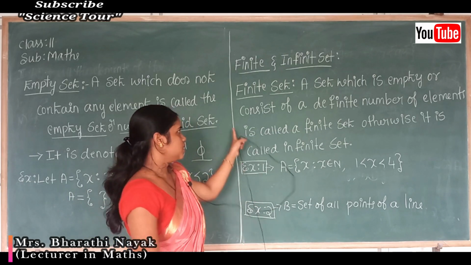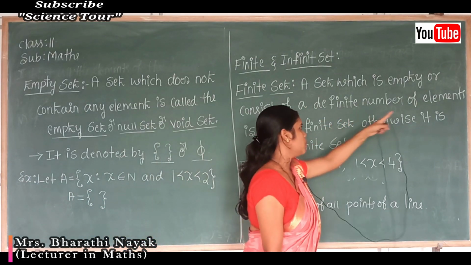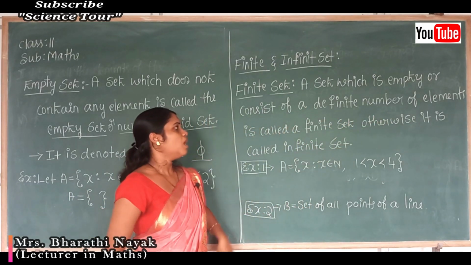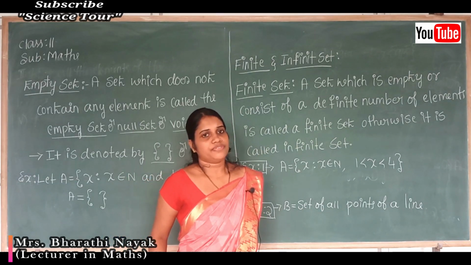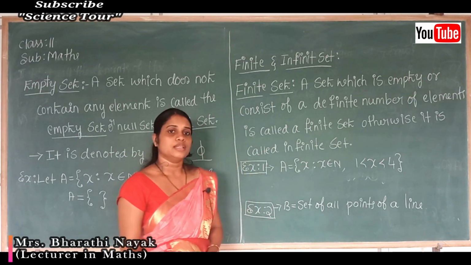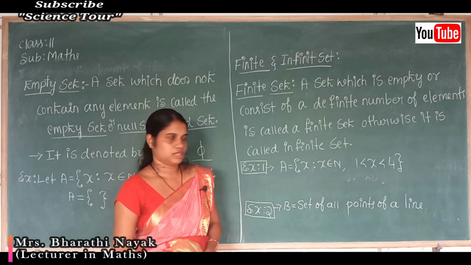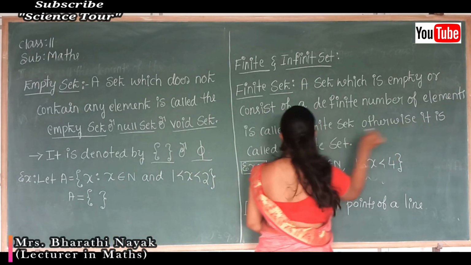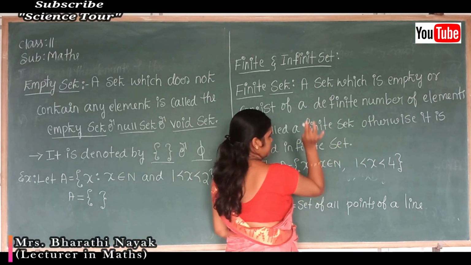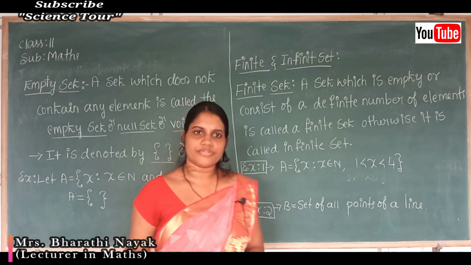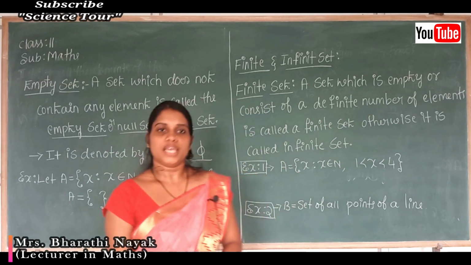Okay, yes. So, it consists of a definite number of elements is called a finite set. Okay. If the set is not finite, then it is known as an infinite set. Otherwise, it is called infinite set. Okay. If your given set is not finite, then it is known as infinite set.